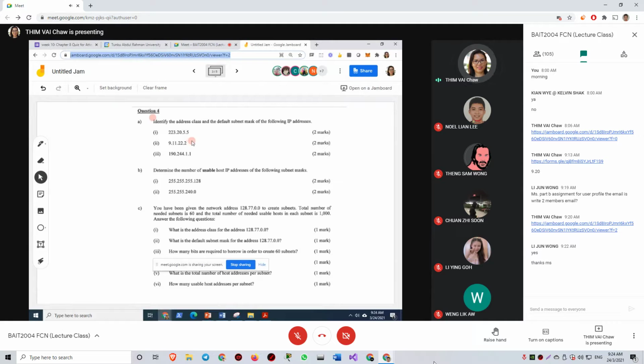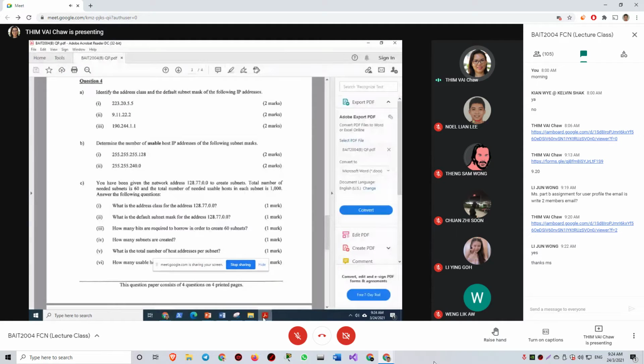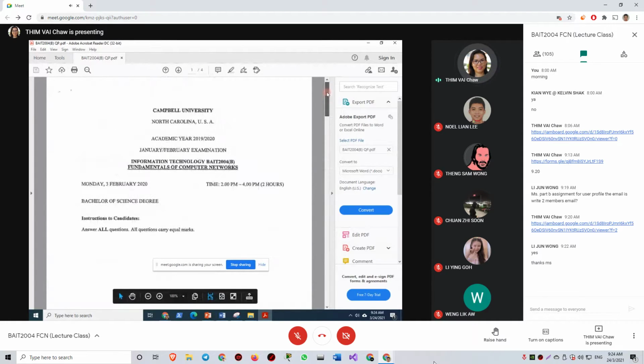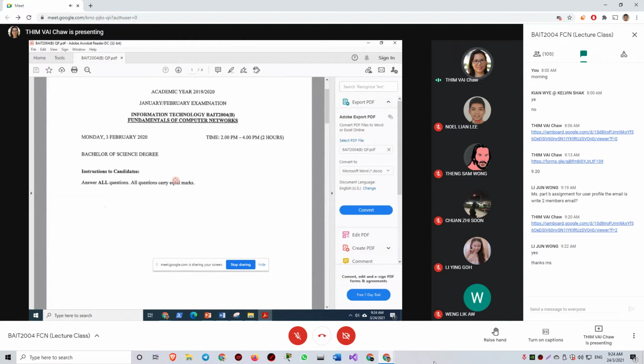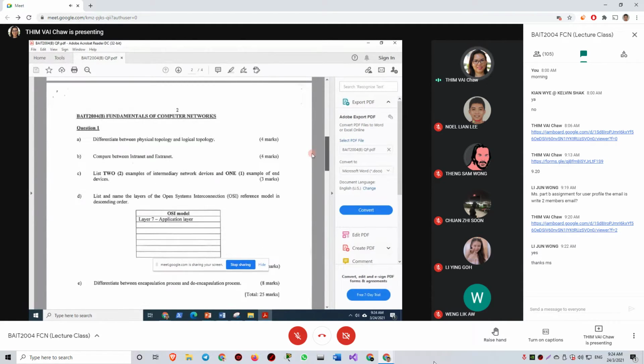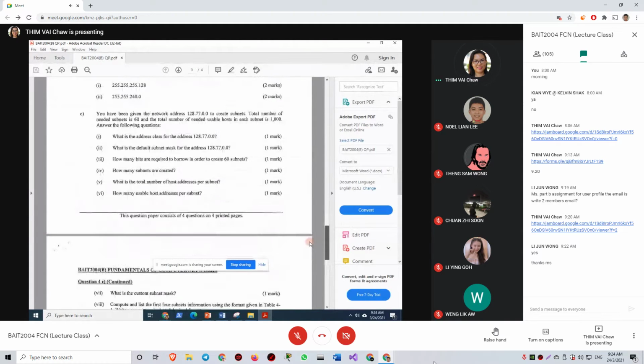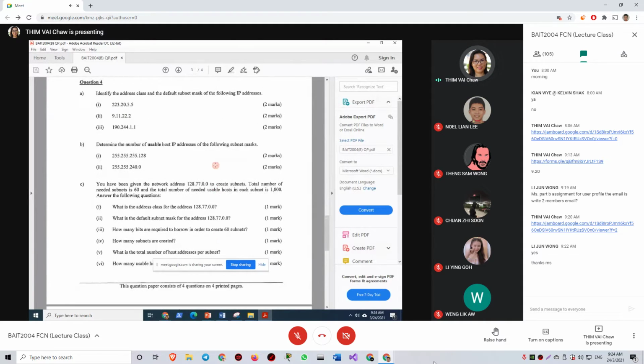This question is taken from a past year exam paper, the Campbell University one, not the Thai UC paper. It is from February 2020, just last year's paper, and this is the question we have. This one is before MCO, and I will show you how we are going to answer it.